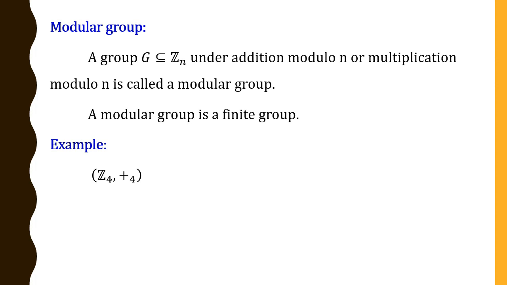Similarly, we can write Z5 addition modulo 5, Z6 addition modulo 6, Z3 addition modulo 3, etc. And another one, G under multiplication modulo 8, where G is the set of elements 1, 3, 5, 7. It is also a group.